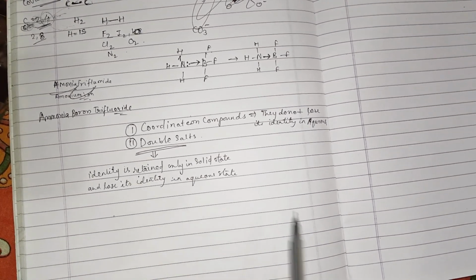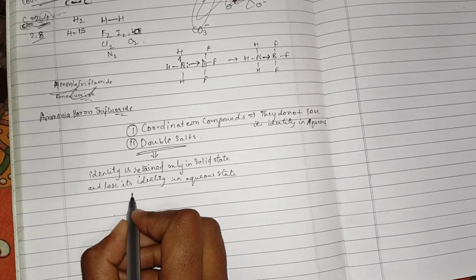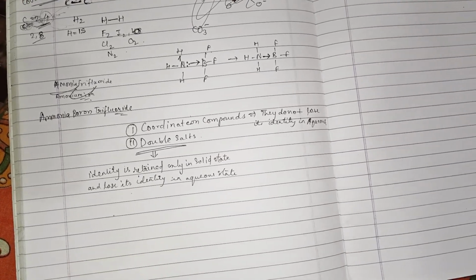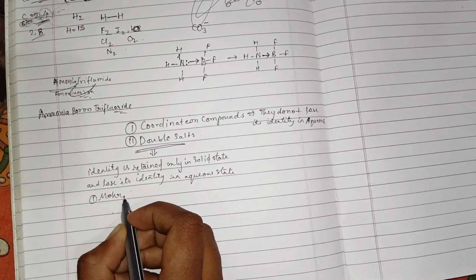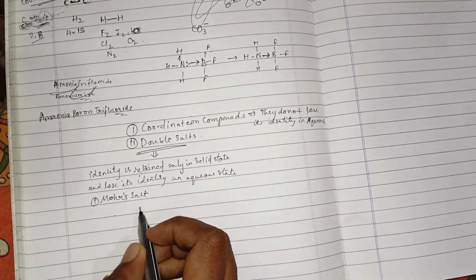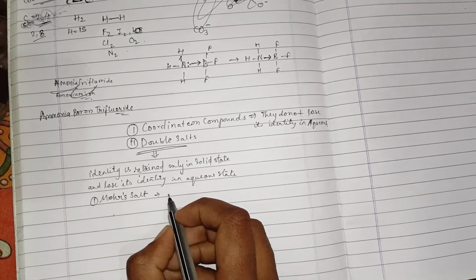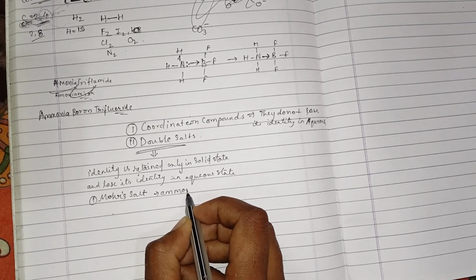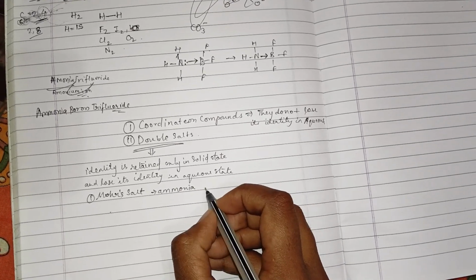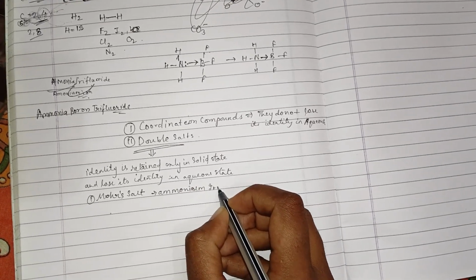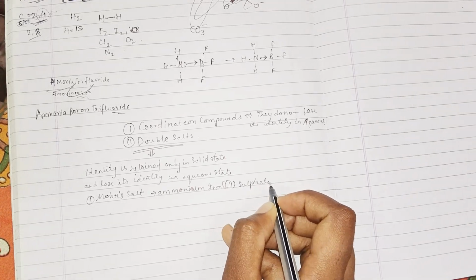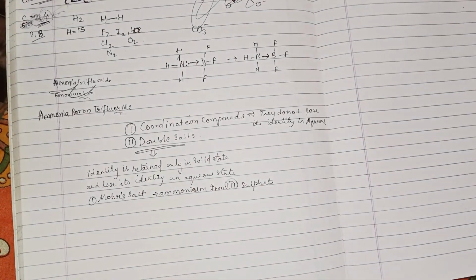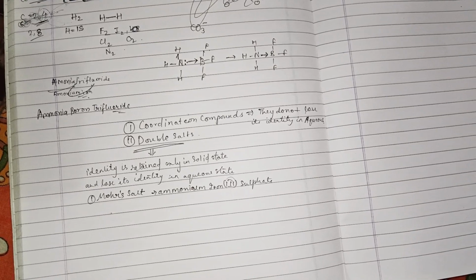So what are examples of double salts? An example is Mohr's salt, also called ammonium iron(II) sulfate. We will see how this is written in further videos.